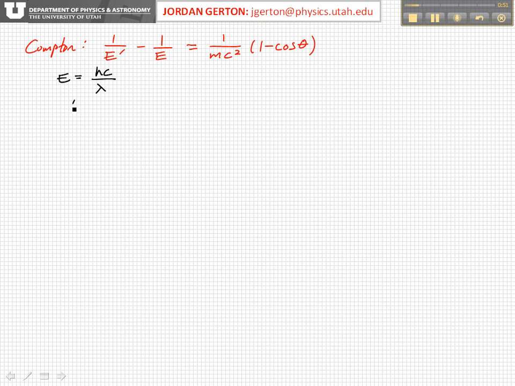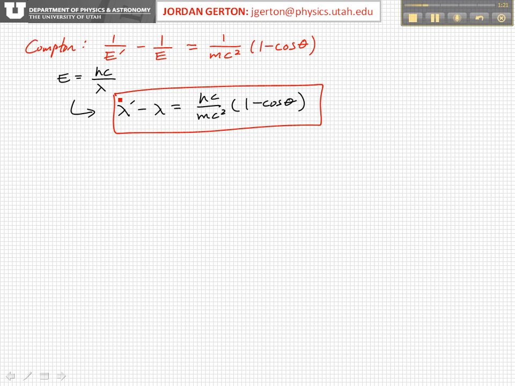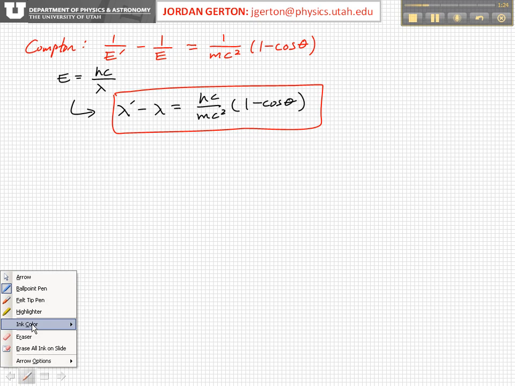So if we plug that in for E and E prime and simplify, we can cast this relationship, the Compton relationship, in terms of the wavelength of the scattered light. And there we go. That's the key expression from this derivation of Compton's experiment.